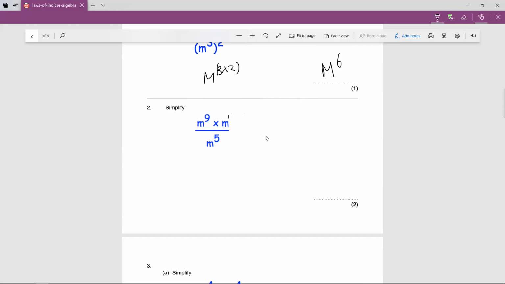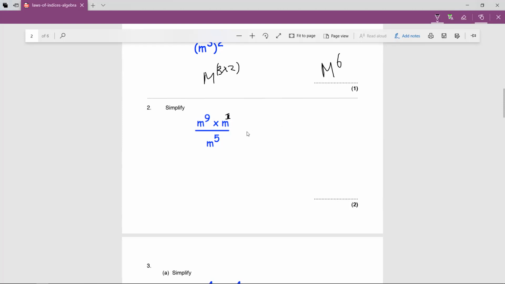It's not m power 0, because remember, any number raised to power 0 is 1. That means the power of m there is not 0, because anything raised to power 0 is 1, like 100 raised to power 0 is 1. So our m, which looks lonely right there, we take the power of 1 and place on it.